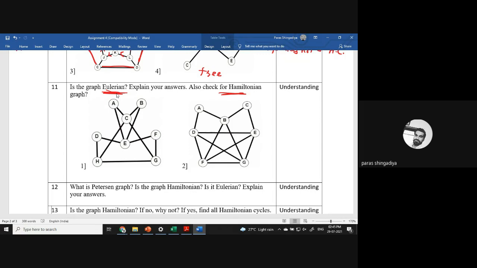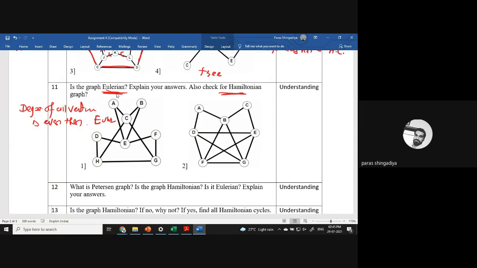Okay. So before checking this closed walk, we'll apply one more condition here. If the degree of all the vertices is even, then it is always an Euler graph.